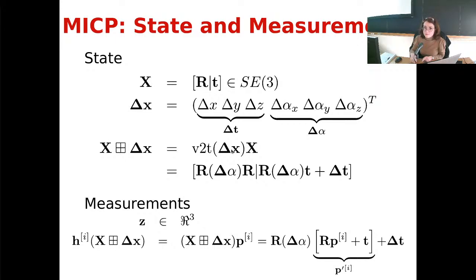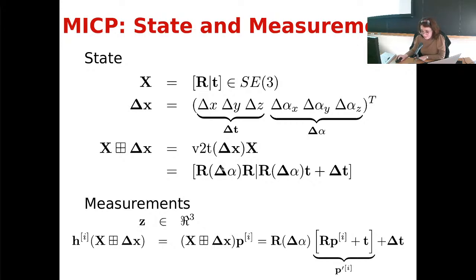Again, the box plus operator should be chosen such that when the perturbation delta x is equal to 0, then the box plus operator should correspond to an identity operator. You can easily check this because in this case, for example, when delta x is equal to 0, then delta alpha is equal to 0 as well.